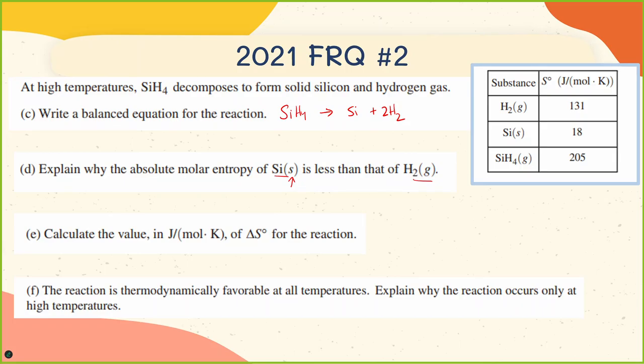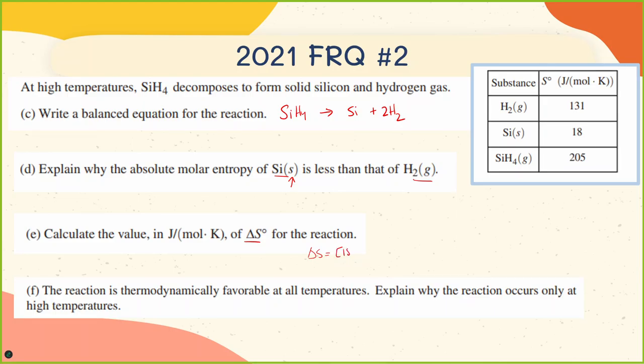So calculate the value here for delta S. All right, so once again, delta S is going to be the products minus the reactants.